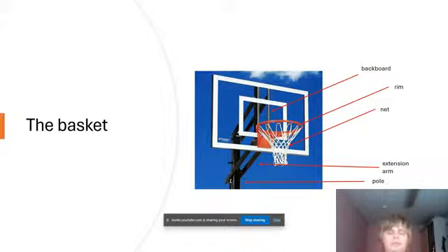It's usually multifunctional, and many teams also play on it. So that means you also need to be able to adjust the height so that both adults and children can play, and even for adults the height differs.